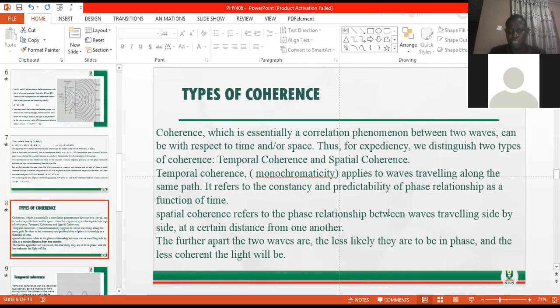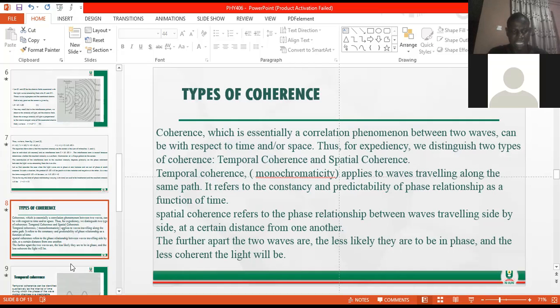It is said that the further apart the two waves are, the less likely they are to be in phase and the less coherent the light will be. So if the spaces between them are far apart, they will be out of phase and they will not be coherent.